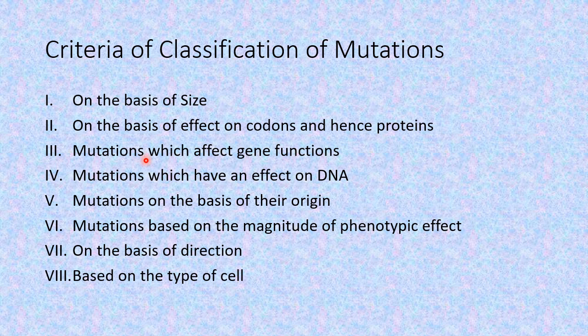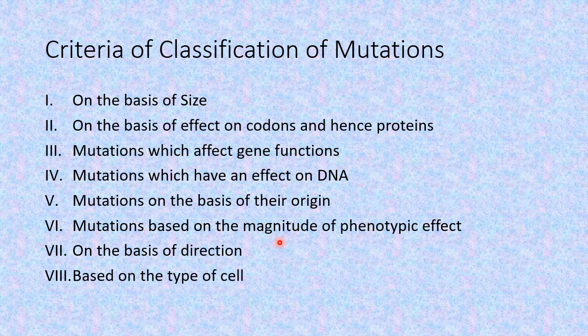They may be classified on the basis of mutations which affect gene functions, or mutations which have an effect on the DNA molecule itself. These mutations can also be classified on the basis of their origin. What is the source of that spontaneous or sudden change in the nucleotide sequence?